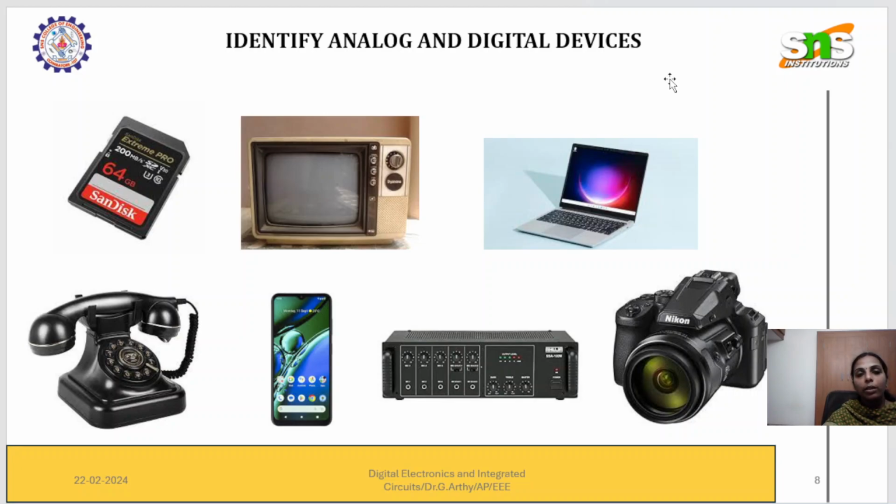So can you identify which are the devices which are analog in nature and which are the devices which are digital in nature? So if you see the memory card, mobile, laptop, camera, all these are digital devices. You see the old phone, telephone, or the old TV, not the TV which is coming nowadays, the old one which is using CRT, amplifier, all these are analog in nature.